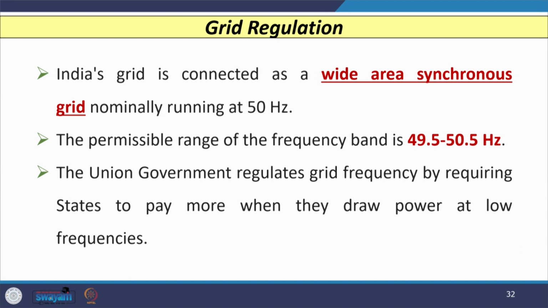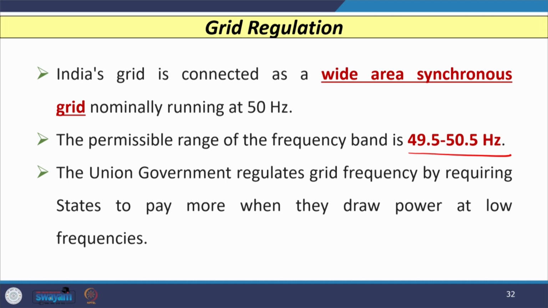Now, the important aspect is the grid regulation. We know that our Indian grid or network is connected to a wide area synchronous grid, which is normally running at 50 hertz. In other countries, the fundamental or base frequency is 60 hertz. The permissible range of frequency for 50 hertz fundamental frequency is 49.5 hertz to 50.5 hertz.